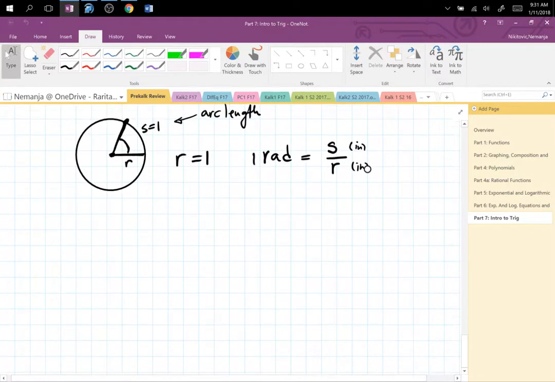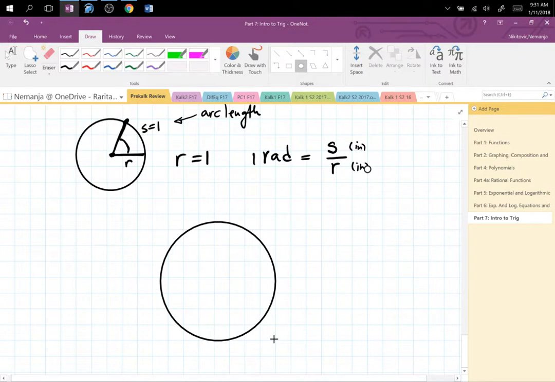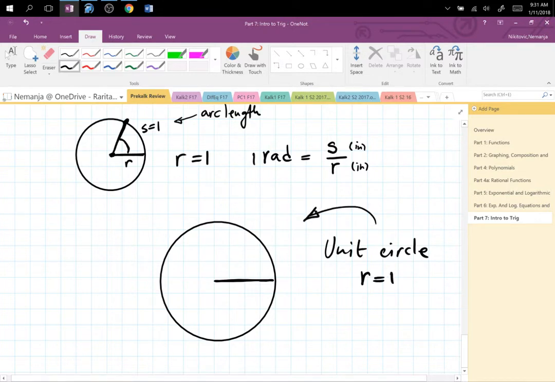And now this is where the very interesting thing begins. At least in my opinion. Now you can have yours. So what I have here is what I'm going to call the unit circle. Because the radius is 1. So unit circle and radius is 1. And I have over here 0. 0 radians.